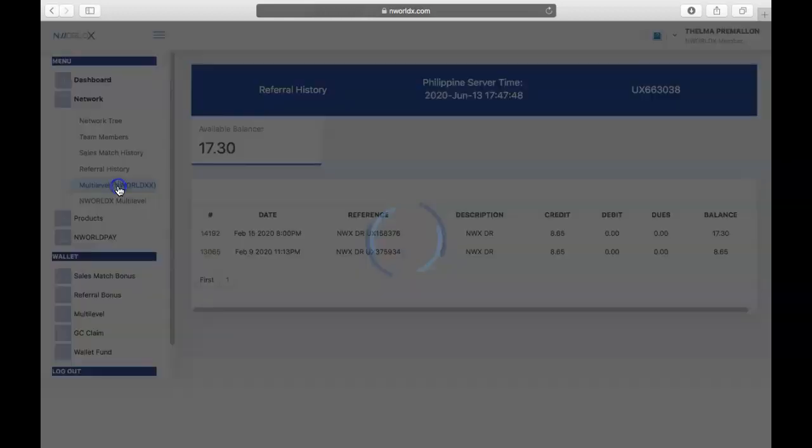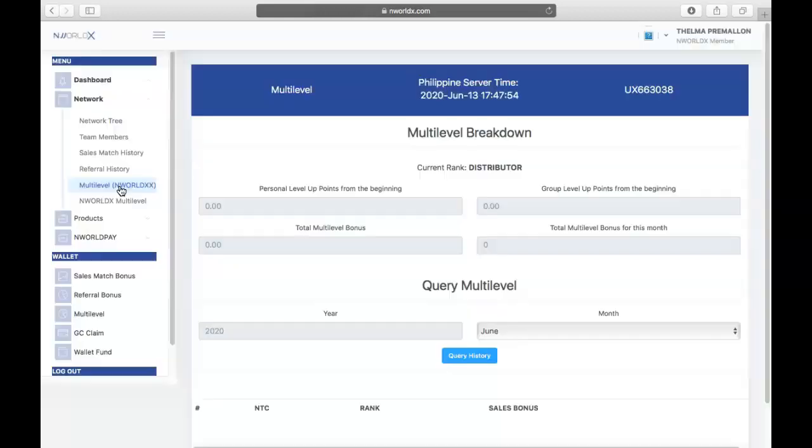Now let's proceed to the multi-level NworldX. Take note that any NworldX account can be upgraded. If you want to know the benefits of NworldX accounts, you can check our other videos about the NworldX presentation.